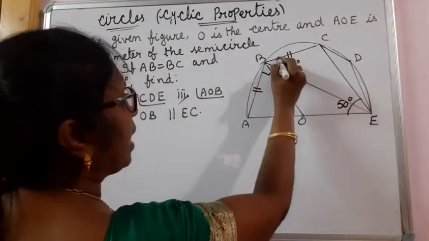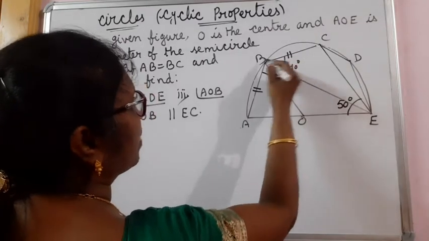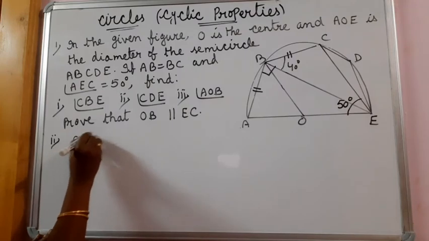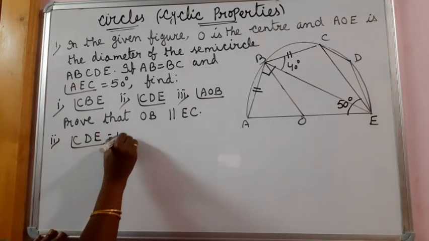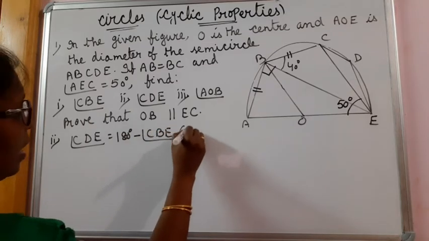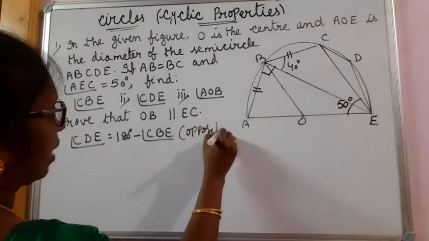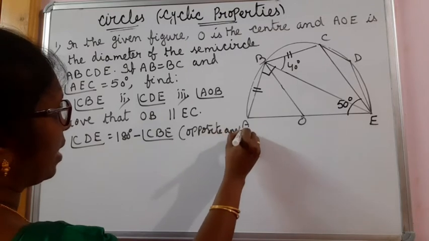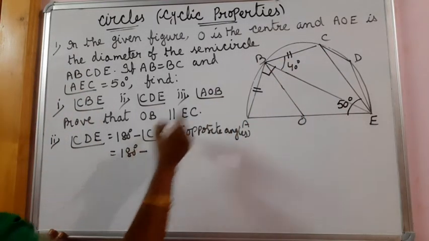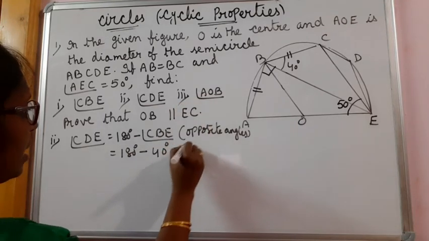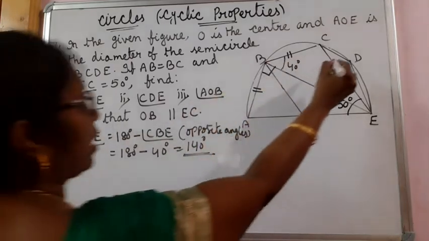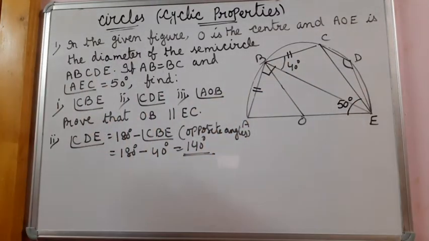Angle CDE and CBE are opposite angles of a cyclic quadrilateral CBED. So angle CDE is equal to 180 degrees minus angle CBE, that is 180 minus 40, which is 140 degrees. So angle CDE is 140 degrees.